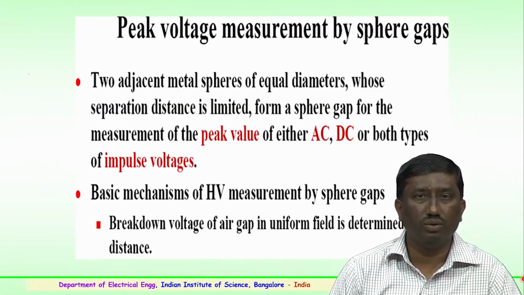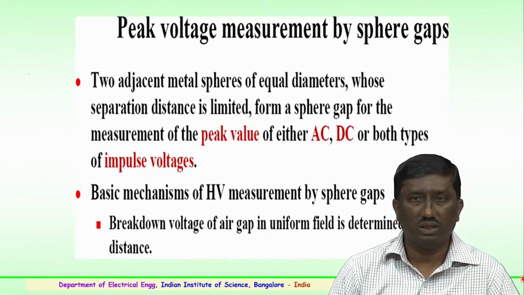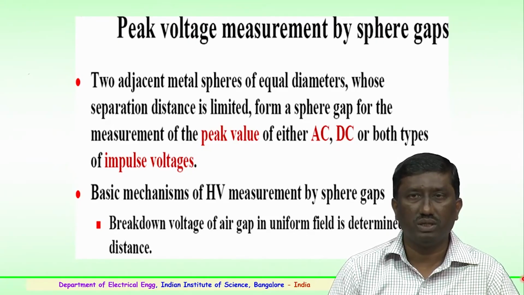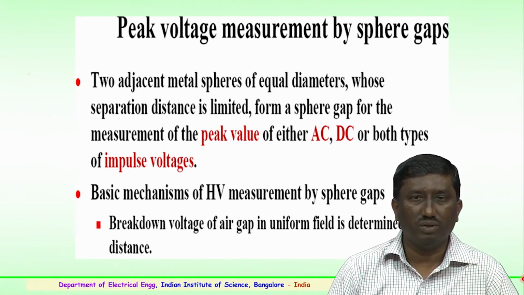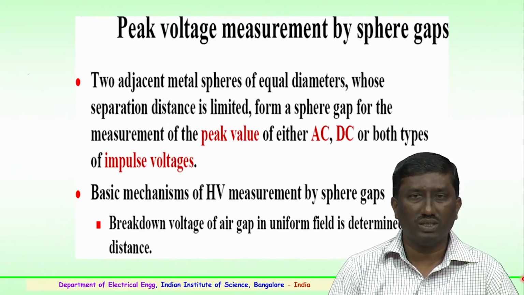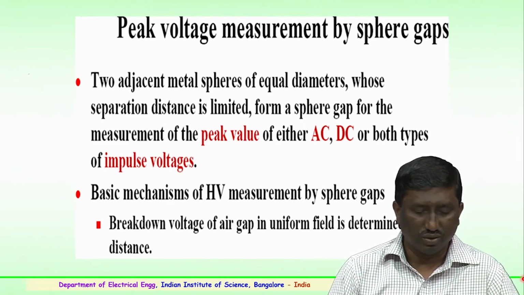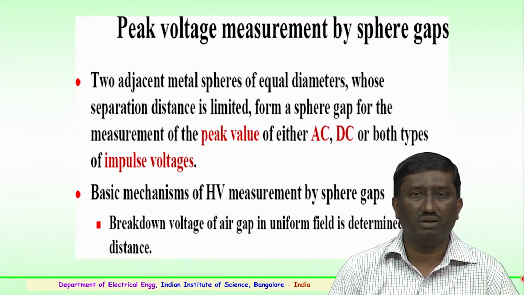First we will look into how the peak voltage is measured by using sphere gap arrangements. This was one of the important methods used since high voltages were known, and it is the simplest method that can be used in the laboratory.